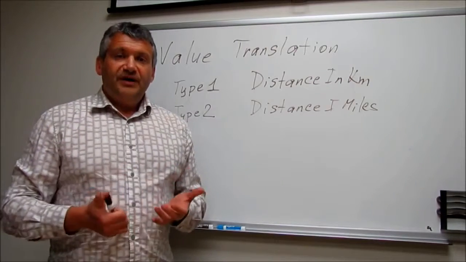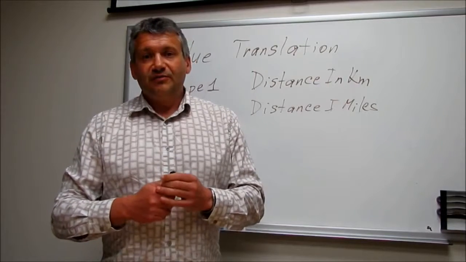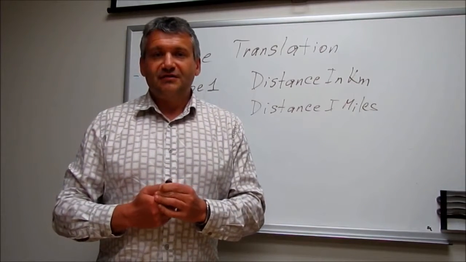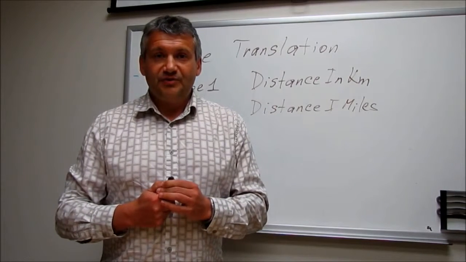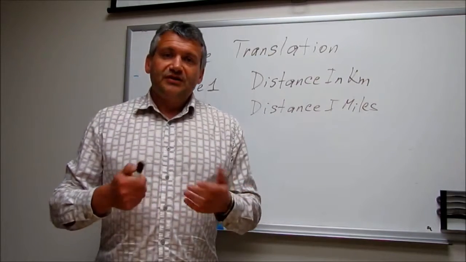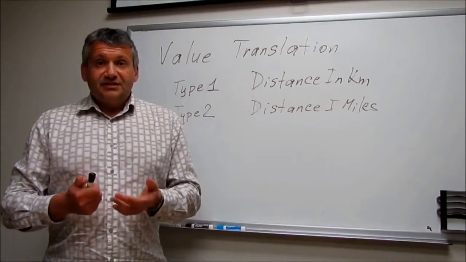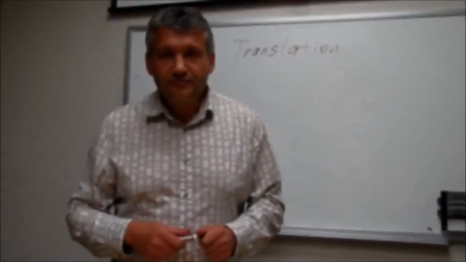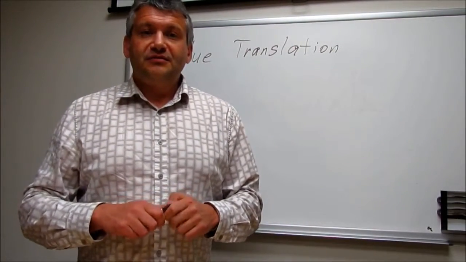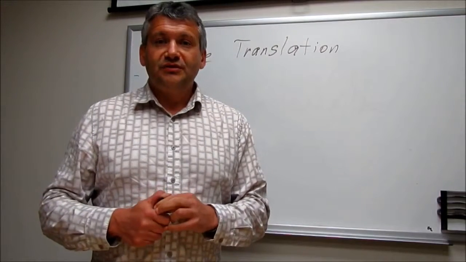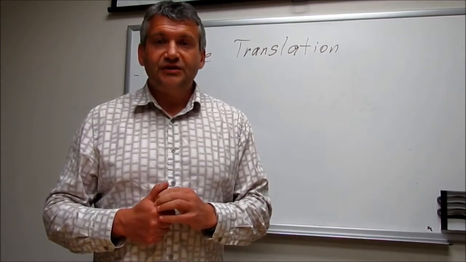And if you pass the wrong type to this function or to this value, the compiler will warn us, and we will not be able to compile such a program. So it will tell us that we made an error. And that is a solution to this problem. So now we learned how to do proper typing when you're doing value translation.